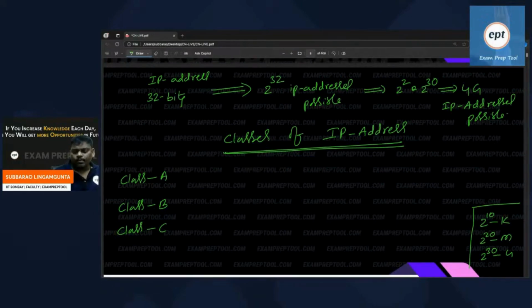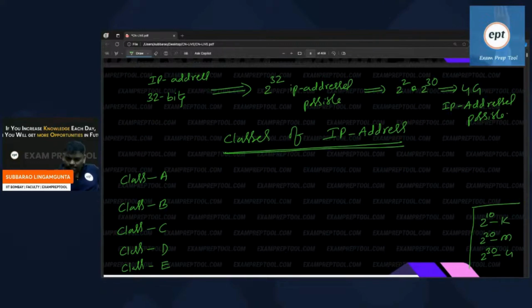So 2 power 32 IP addresses are divided into 5 classes.